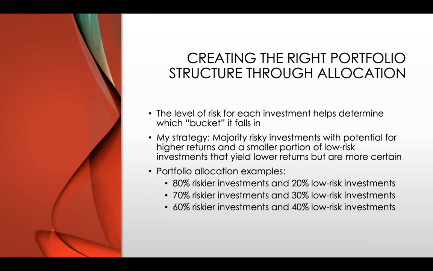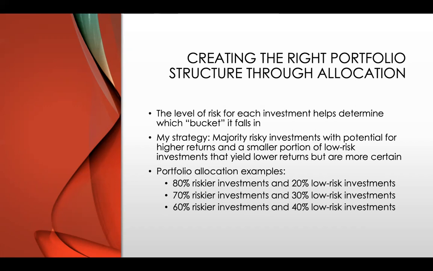If the value of Bitcoin goes down, the value of your USD Coin did not change. So that's a diversified portfolio in a very simple sense, because you're maintaining a stable level of returns. As one asset goes down, you should try to create a portfolio that's diversified enough that the other assets either go up, stay about the same, or don't go down as much. Because if you have all of your assets in one bucket and they go down, your whole portfolio goes down in value. The reason you diversify is because it's less risky and it helps you maintain a consistent return over time, which is what you want as an investor.